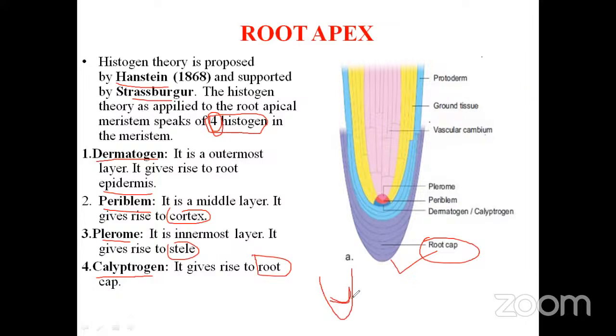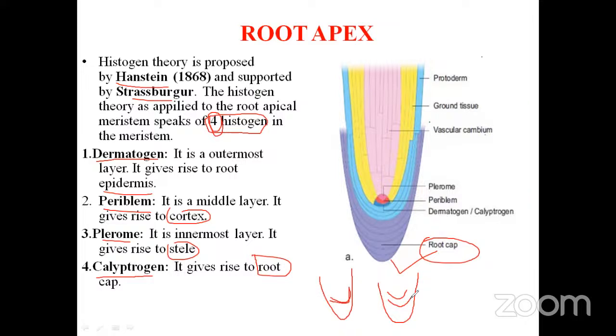And another one is Casuarina type. Casuarina type is mainly found in gymnosperms. There are two types of rows in the root apex, one row and a second row.